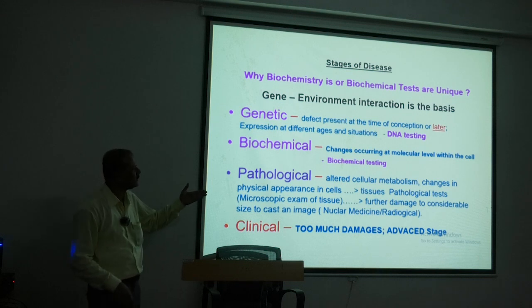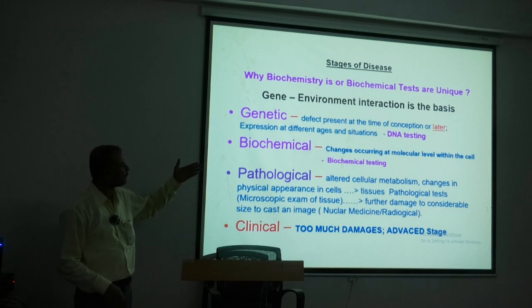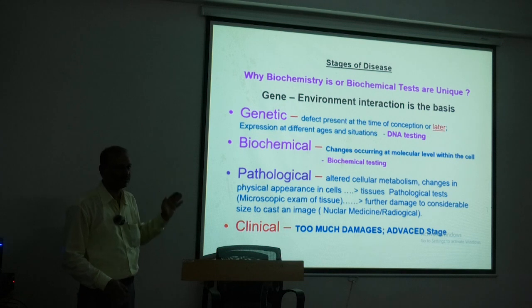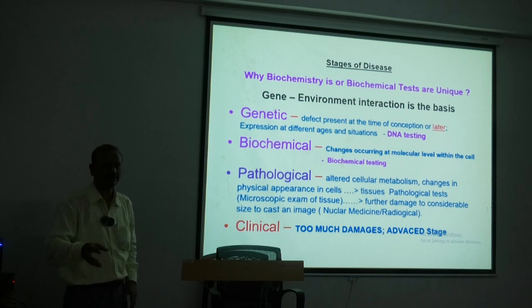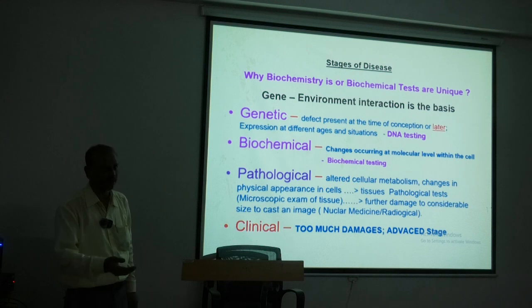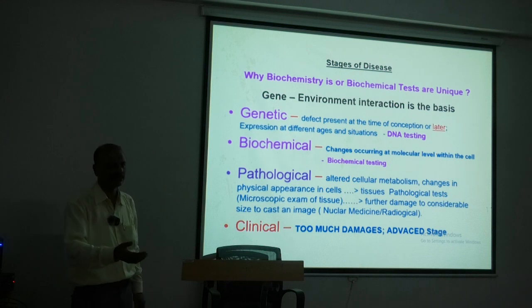Similarly, the thyroid can also be involved, or any other disease. The genetic defect is present at birth, but it gets expressed at different periods of life: some diseases at birth, some in early infancy, childhood, adolescence, then adulthood, maybe in late age.